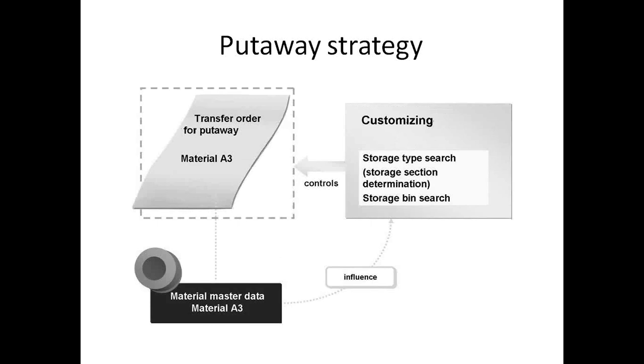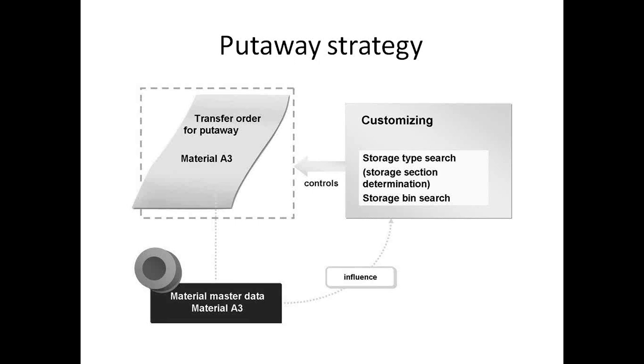Put away strategies are a tool in SAP which automate and guide the system to pick which storage bin matches a particular material, by using different configurations. For example, we have automatic account determination, where we define the GL accounts according to the valuation classes.